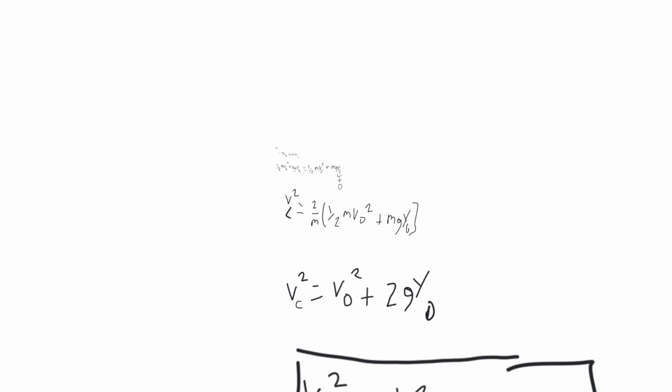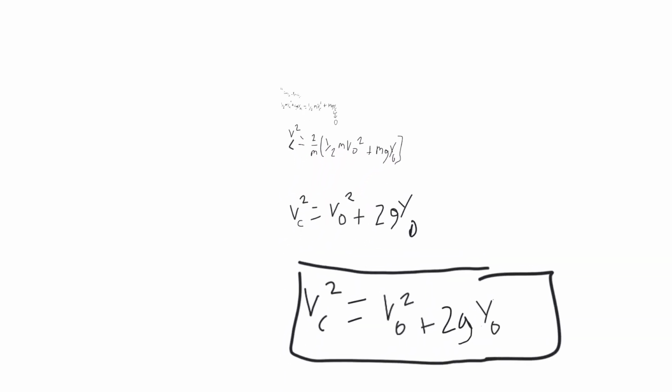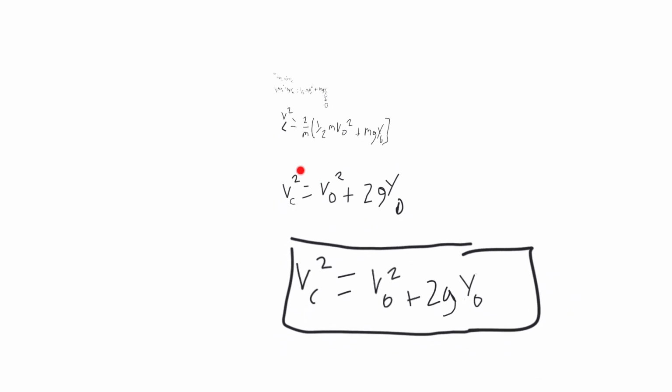The velocity of C, to solve this, we want to cancel out as many things as we can, so we multiply by 2 over m to isolate the v, and we end up with this equation here, right?